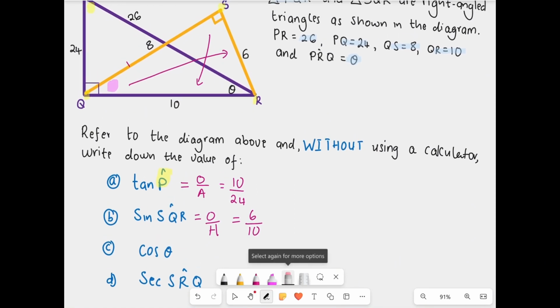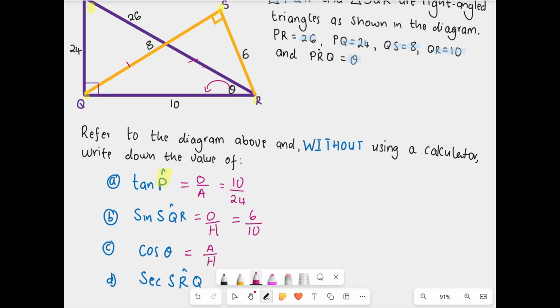In the next question, we are looking for cos theta. So what is the definition of cos? The definition of cos is adjacent over hypotenuse. Now, from angle theta, which side is adjacent? Here is your adjacent side.